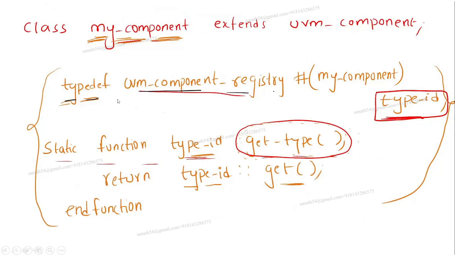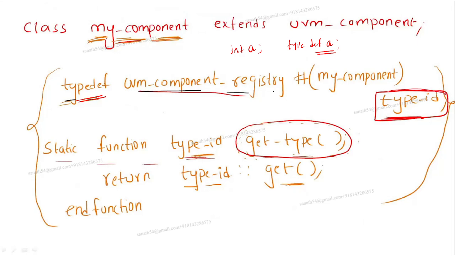Typedef we already saw in SV. Typedef means we can replace with one data type. Suppose int a is there, typedef means a is acting as int data type. Like that here I am using typedef.